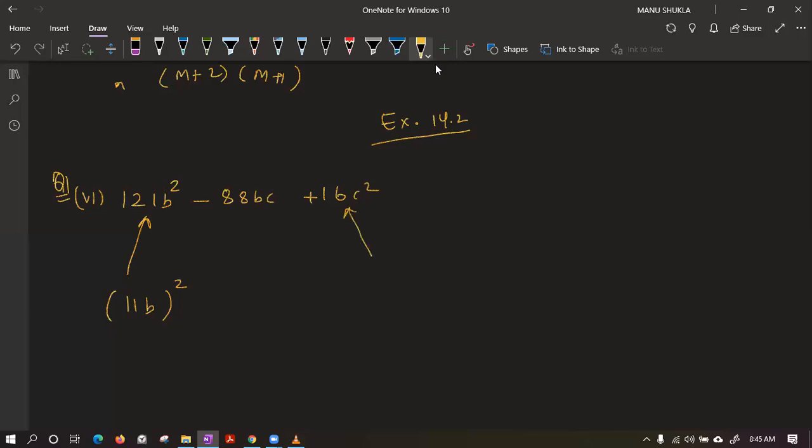Similarly, this 16c square can come from 4c square. So now I have an idea that I can use the first two identities, but I have to confirm with the middle term. If I write minus 2, this term 11b, and this term 4c, I have to check.